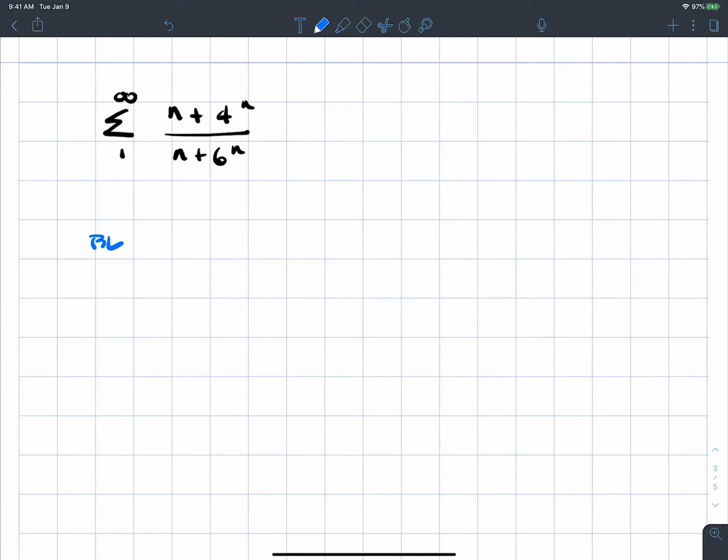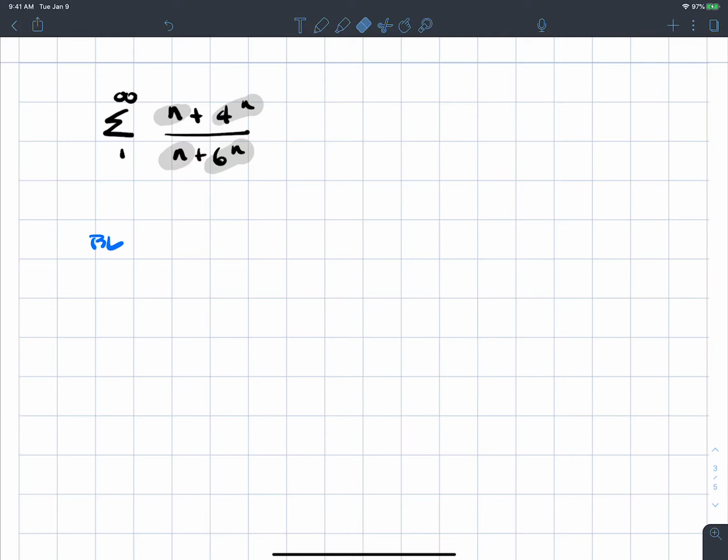Well, comparing these two terms to, let's say, n and then 6 to the n, or even on the bottom, it's the same kind of thing, n and 4 to the n. The exponential terms dominate the series because exponentials, like 6 to the first, 6 to the second, 6 to the third, 6 to the fourth, or even 4 to the first, 4 to the second, those values, since they're exponential, get big really fast, comparable to the n's.